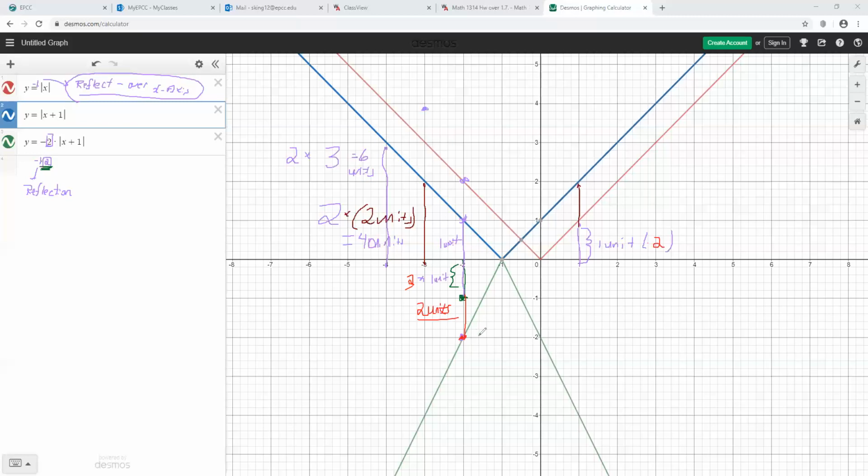That's why when you read this multiplication of -2, we have to understand that's 2 different transformations. It doesn't matter which one we do first. Our graph will be the same graph after we have performed both of them. So if you take this red graph, horizontally translated 1 unit to the left, you get the blue graph.